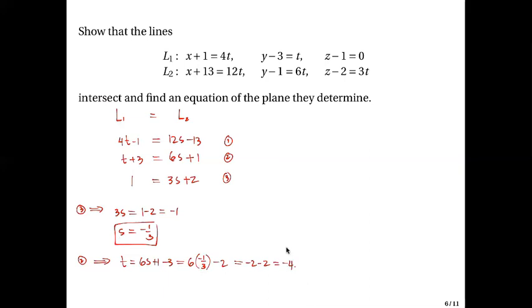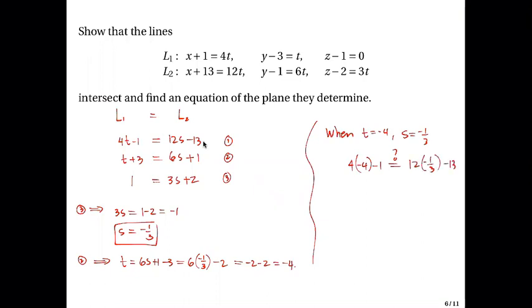We have the value for s and for t. We just need to verify that these values satisfy the first equation. So when t equals -4, s equals -1/3. The question is, is 4 times -4 minus 1 equal to 12 times -1/3 minus 13?